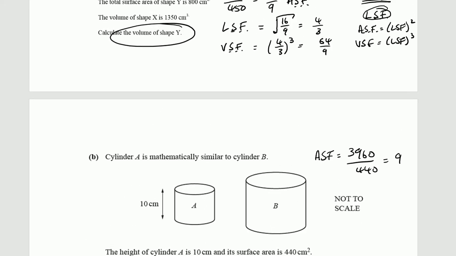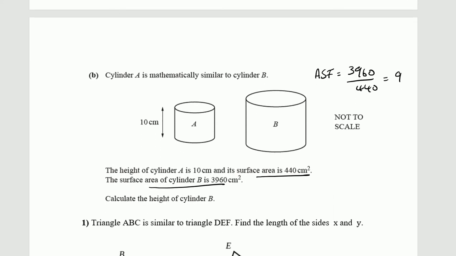Just as we discussed before, these are the relationships between length, area, and volume scale factors. So, if I square root the 9, I'm going to get the length scale factor, 3. Now this question simply wants me to find a length on cylinder B, but even if I was after a volume calculation, I would still go to length scale factor first, so that I could get from there to a volume scale factor.